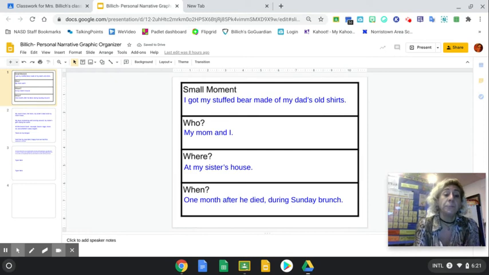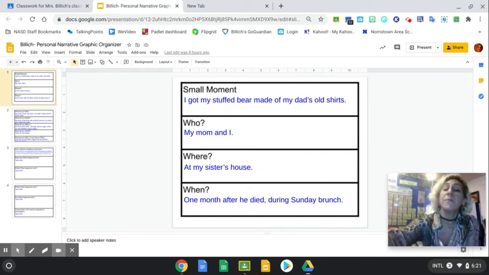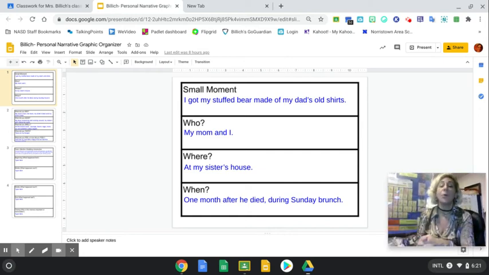So again, there's an example that I did myself of my object of comfort. My object of comfort is a stuffed bear that's made from two of my dad's old shirts. The graphic organizer looks like this.